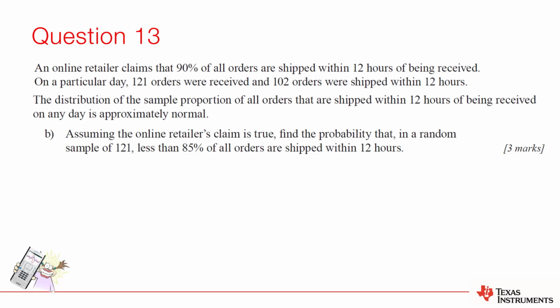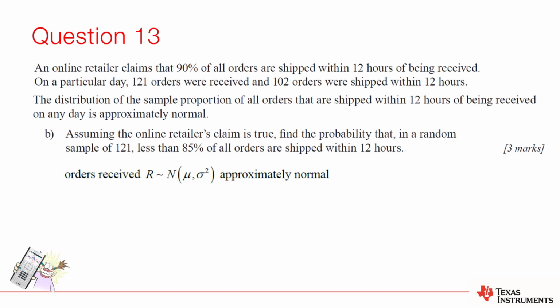All right, now we've got part B and part C here. The distribution of the sample proportion that are shipped within 12 hours is approximately normal. Assuming the online retailer's claim is true, find the probability in a sample of 121 that less than 85% of all orders are shipped. Okay, so what's going on here? Well, what do we know? What's the distribution of the shipping? I've called it R here.